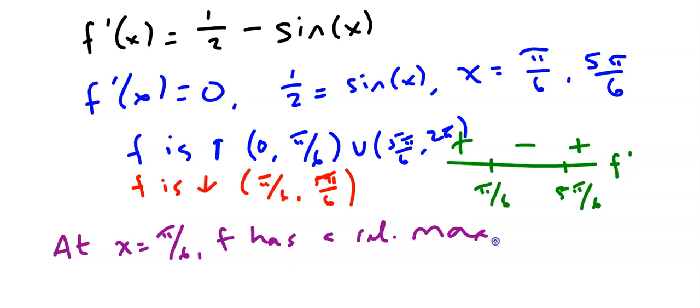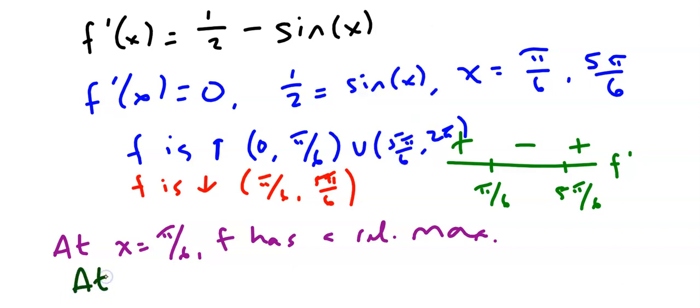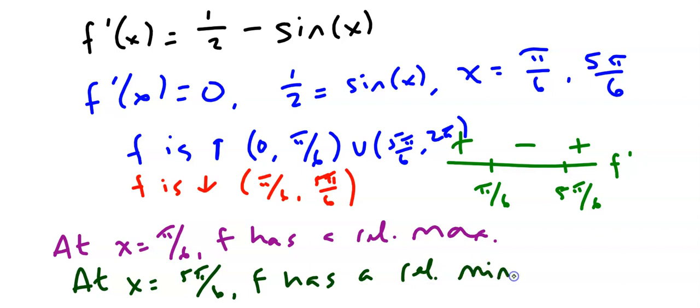And I'm not going to write that down, but it's important that you guys recognize the justifications for these statements. f has a relative max because f prime changes from positive to negative. And at x equals 5 pi over 6, for a similar reason, f has a relative min. And these are both by the first derivative test.